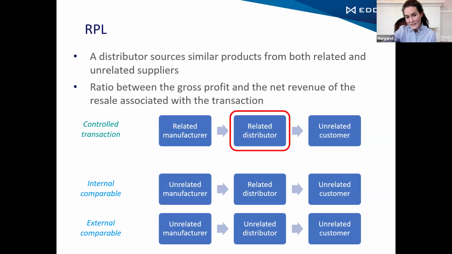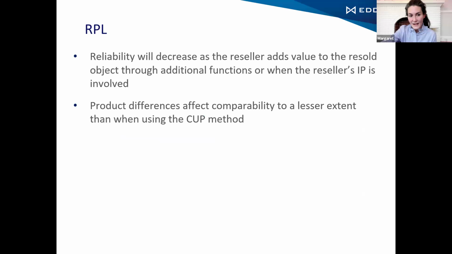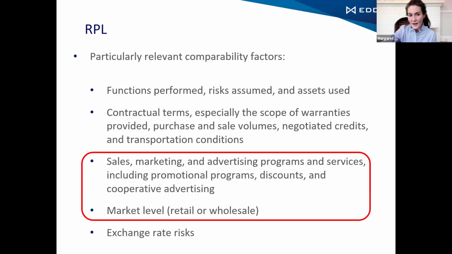And it's the opposite for the cost plus method. So for both the resale price and cost plus methods, the similarity of the products can be a little bit less.